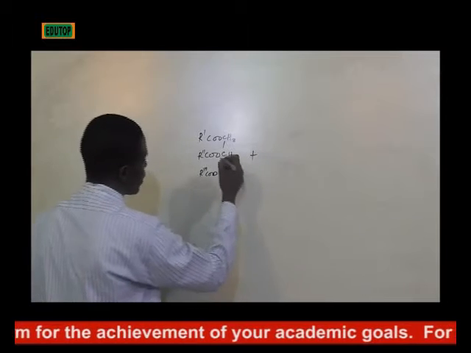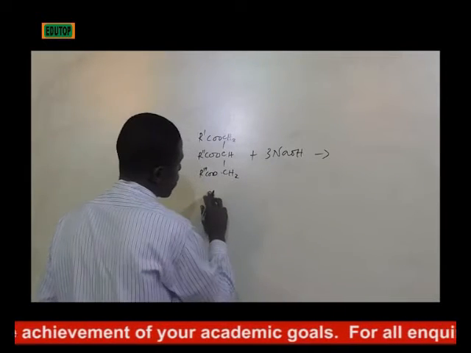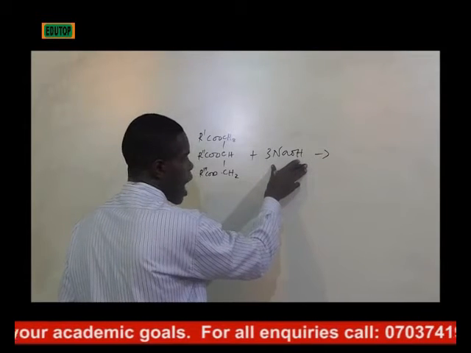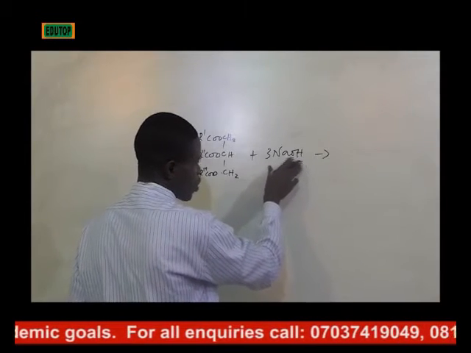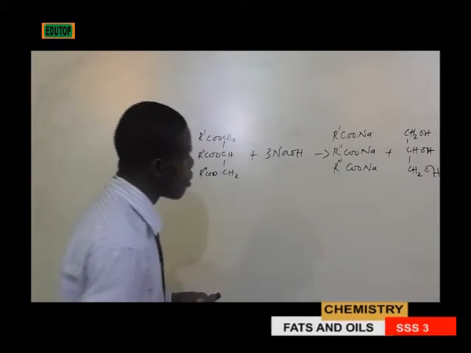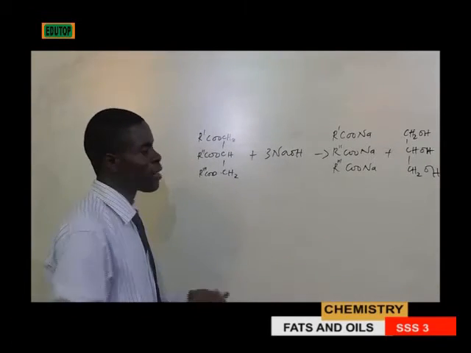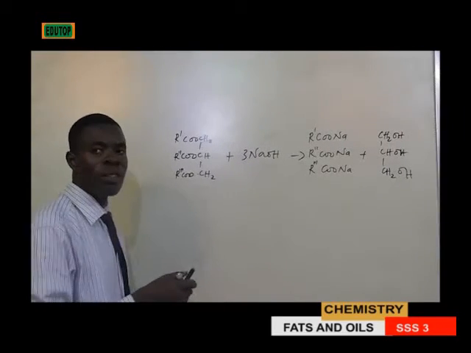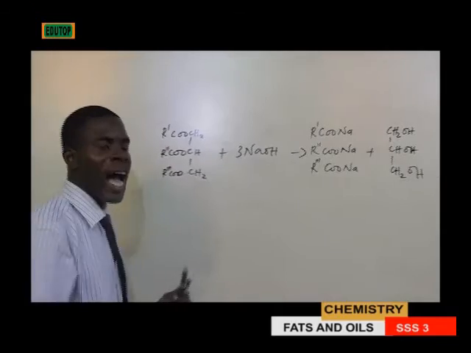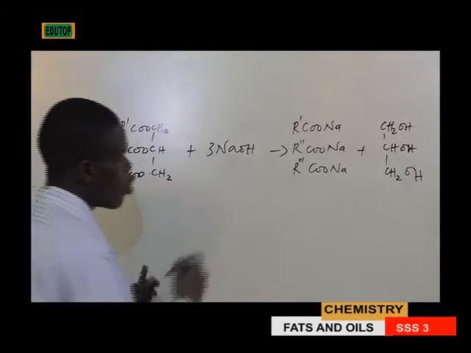So here, fat is neutralized with alkali, caustic alkali such as sodium hydroxide. The process on the board is known as the saponification process, where fat is neutralized by a caustic alkali to give you soap.